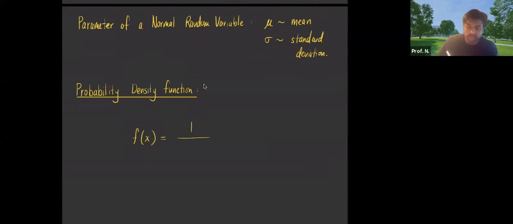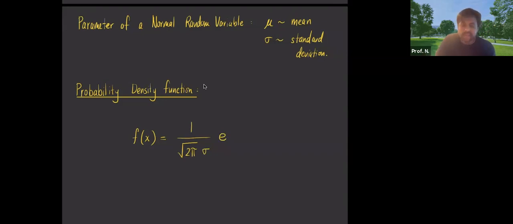This is 1 over the square root of 2 pi. Already, it's like, wow, where did that square root of 2 pi come from? So it's 1 over the square root of 2 pi multiplied by the standard deviation sigma, times e, another transcendental constant.